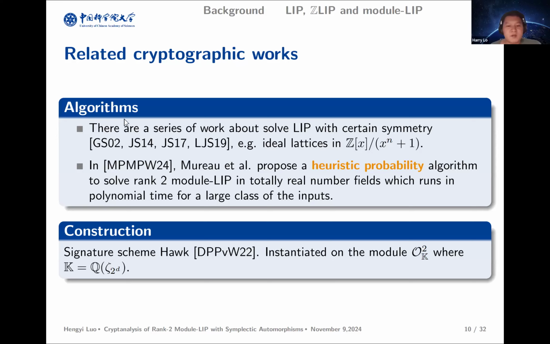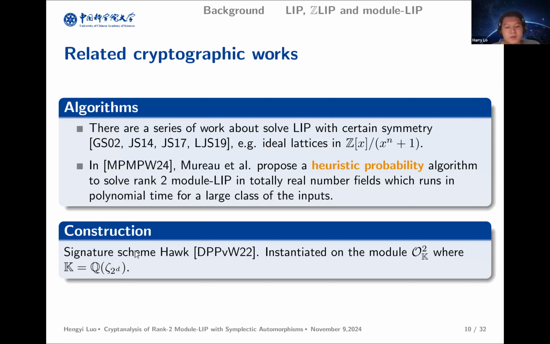For algorithms, there are some works on LIP for lattices with specific symmetries, such as ideal lattices in a quotient of a polynomial ring. And at Asiacrypt 2024, Mureau et al. proposed a heuristic probabilistic algorithm to solve rank 2 module LIP in totally real number fields, which runs in polynomial time for a large class of inputs.